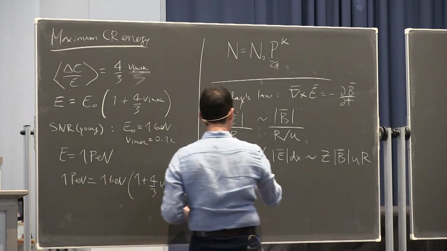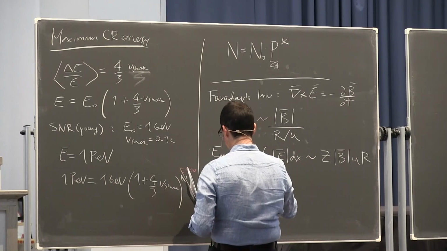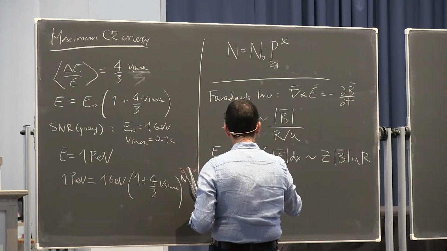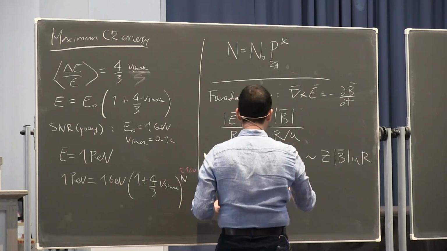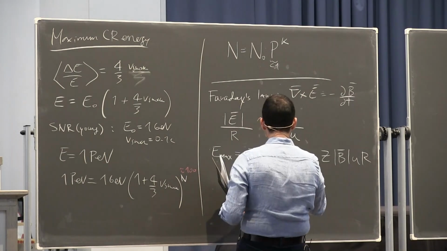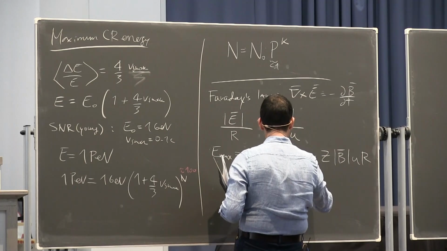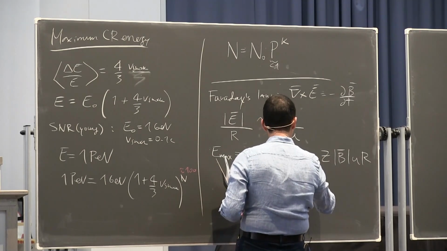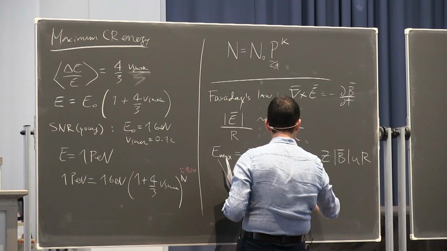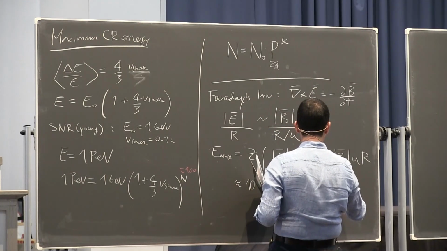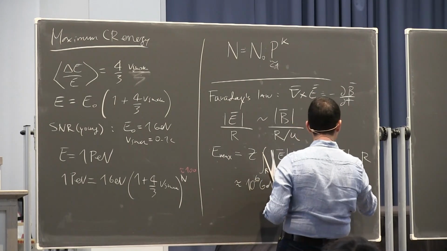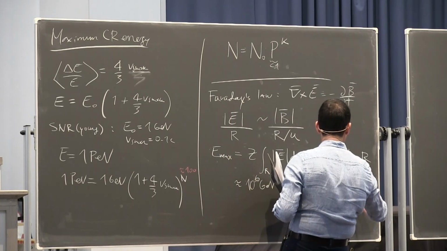Okay, so we put some numbers in to get a feeling for the magnitudes. This is 1 PeV, 10 to the 6 GeV, times the charge of the particle, times magnetic field in microgauss, times the speed of the shock over 10% of the speed of light, times the size of the acceleration region.